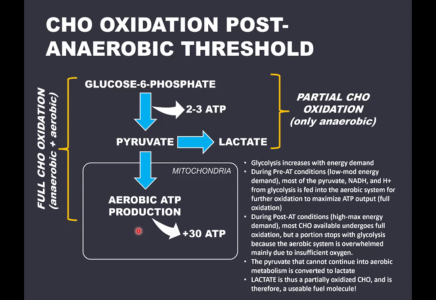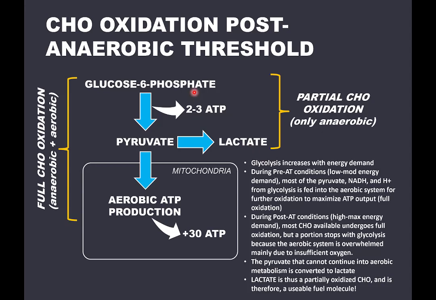So the muscle cells ramp up only the anaerobic portion of carbohydrate oxidation, which is just glycolysis, while the aerobic system is reaching its capacity, meaning the mitochondria and the aerobic system cannot further process any more pyruvate. So there's an increasing portion of the pyruvate converting to lactate. So an increasing portion of the glucose 6-phosphate ends in lactate, providing only 2 to 3 ATP quickly per glucose 6-phosphate.